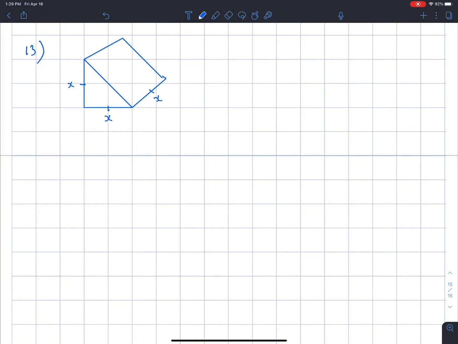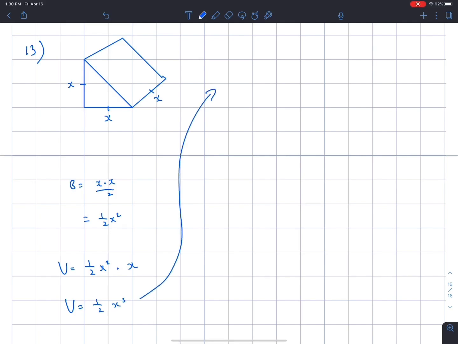So we can say that the base area is just x times x divided by 2. Base times height divided by 2, so that's half x squared. The volume will be this base area times the height. The height is also x here. So the volume is 1 over 2 times x to the power 3. We were told that this volume is 108. So 1/2 x to the power 3 equals 108.